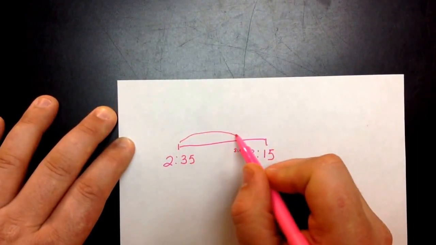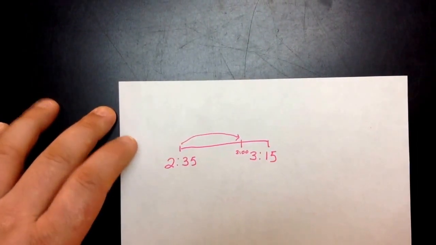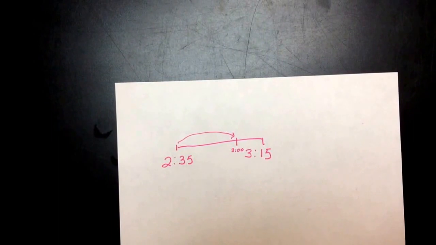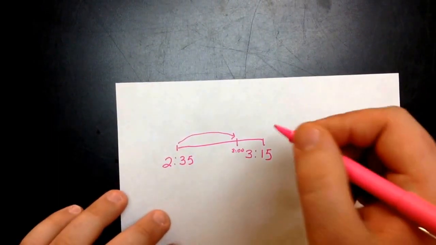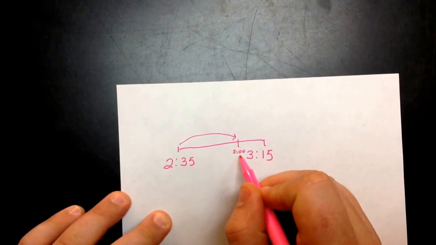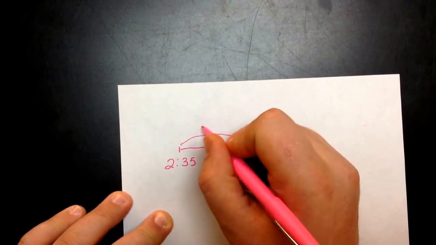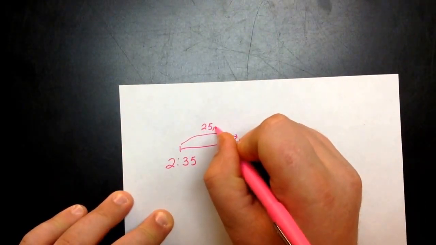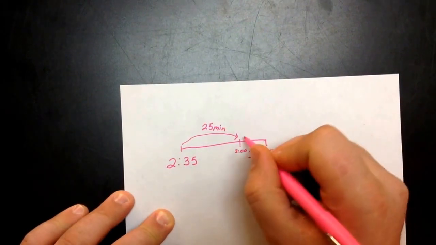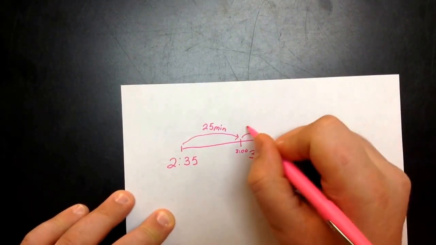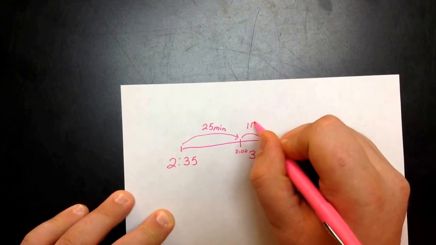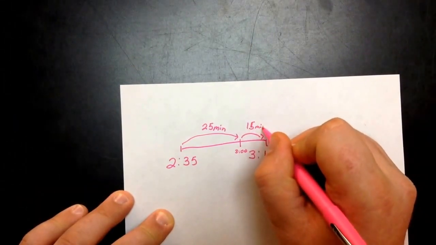So what does it take me to get from 2:35 to 3 o'clock? Remember, I only have to get to 60 here, so that's 25 minutes. Then from 3 o'clock to 3:15, it already shows us that as 15 minutes.